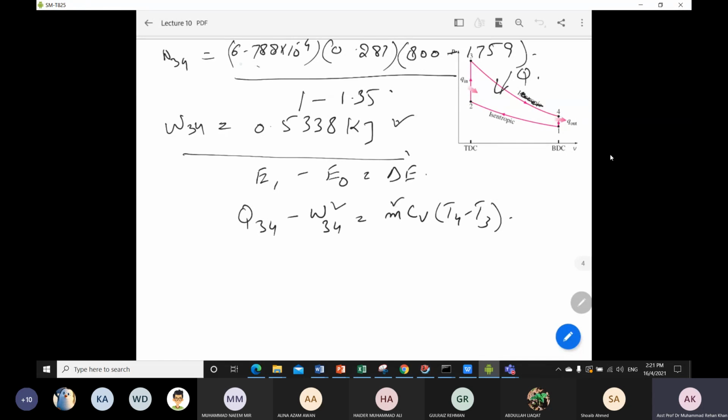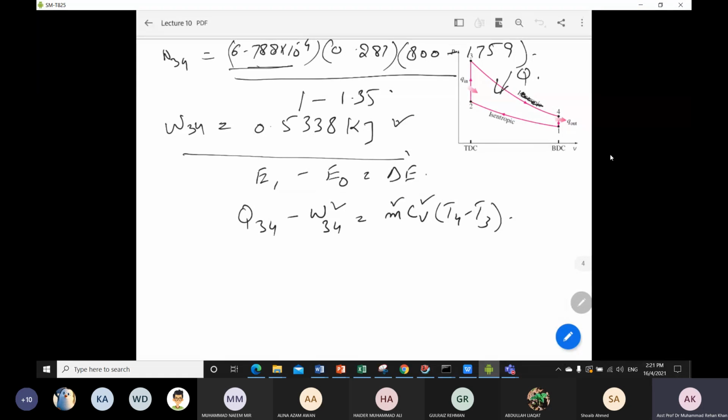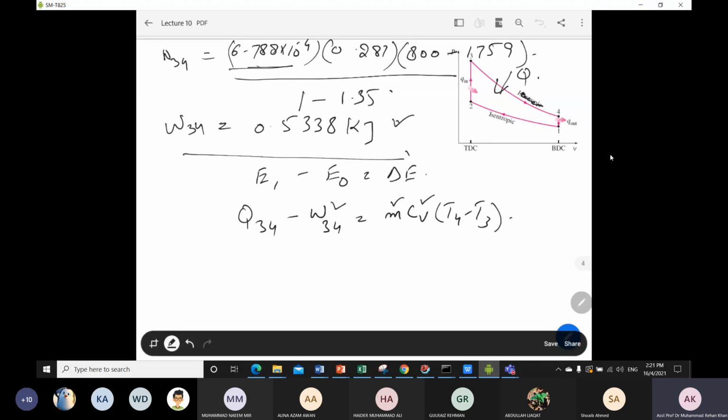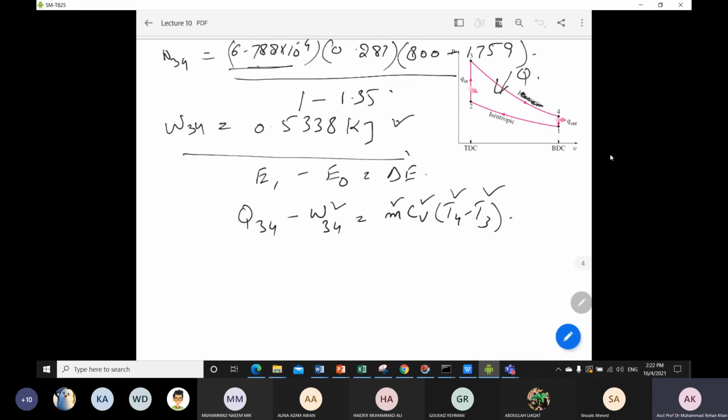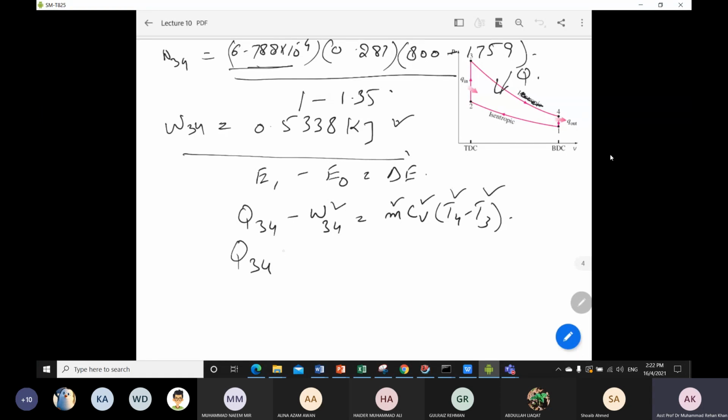m is known to us, 6.788 times 10 raised to minus 4. Specific heat at constant volume, either you can remember it or you can go to table A2 and find this value. T4 is known to us and T3 is also known to us. So all the values are known and you can easily find Q34.